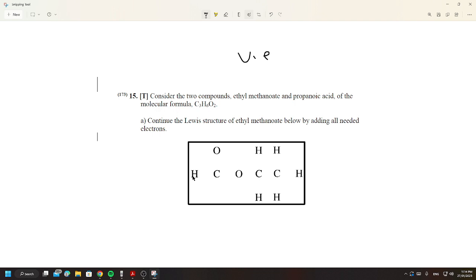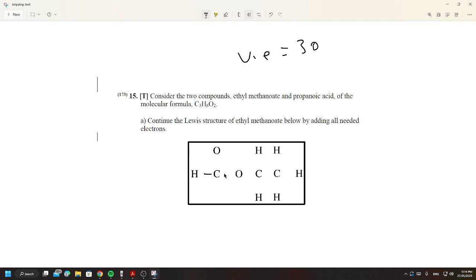So C3H6O2. Yeah, so 12 plus 12 plus 6, 30. Okay, so equals 30. So we want the total number of electrons in them to be 30.